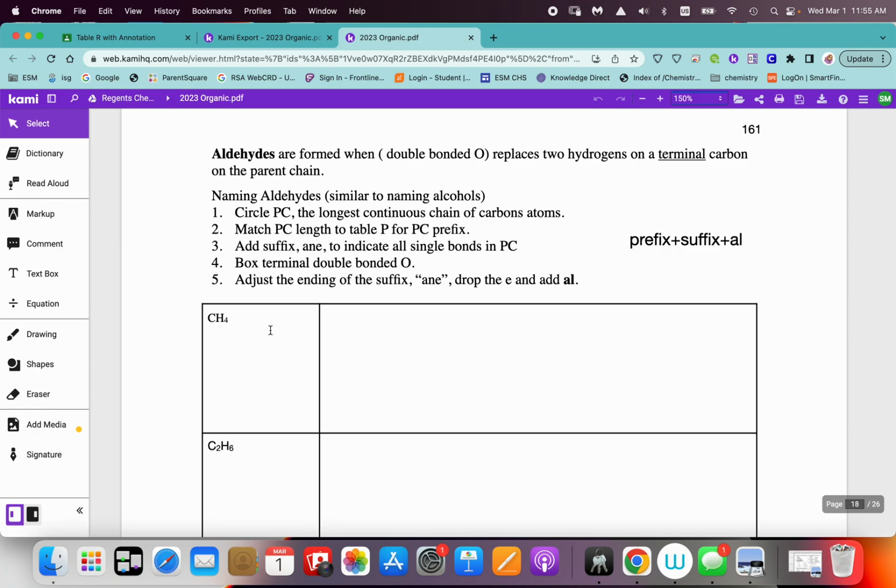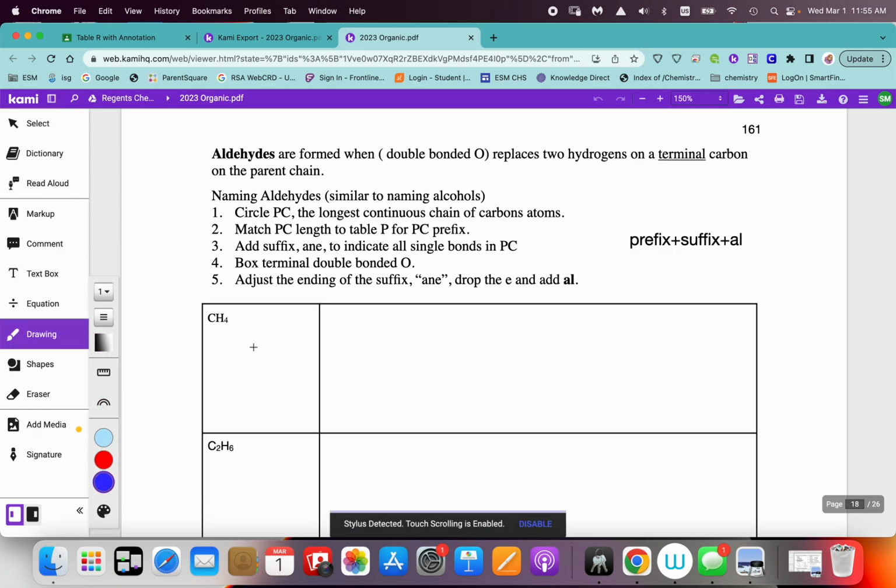So here we go. Let's just start simple. So we have CH4, and this is our simple alkane methane. And we are going to do a substitution, right?